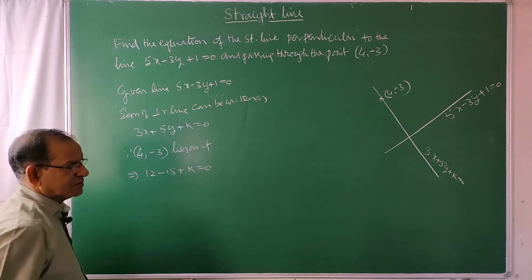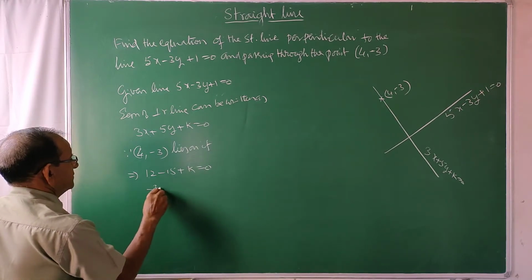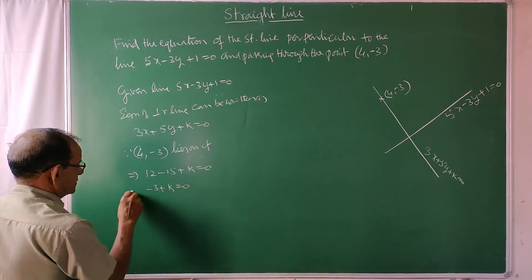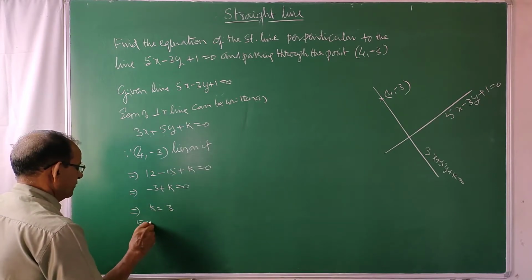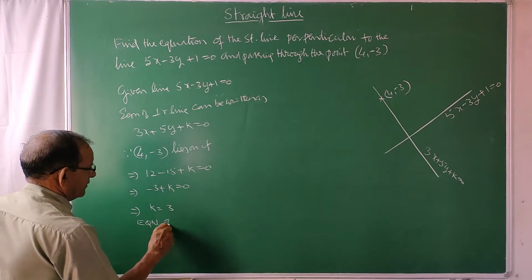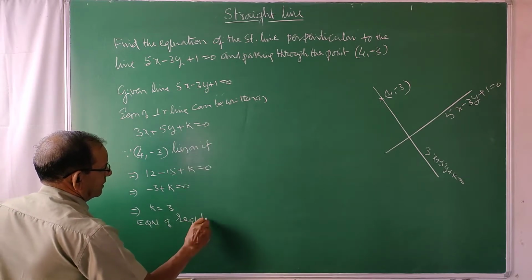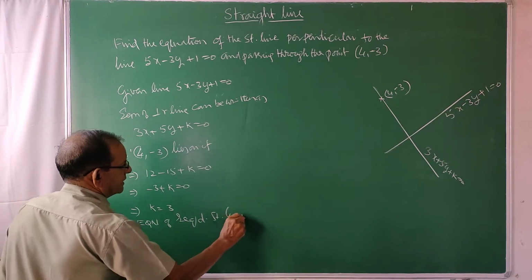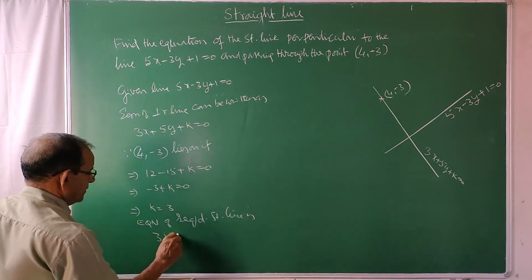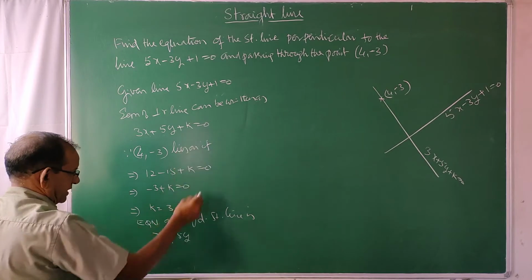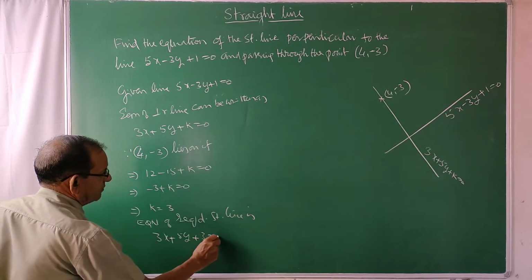Minus 15 plus 12 means minus 3. Minus 3 plus k is equal to 0. That implies k is equal to 3. So equation of required straight line is 3x plus 5y plus 3 is equal to 0.